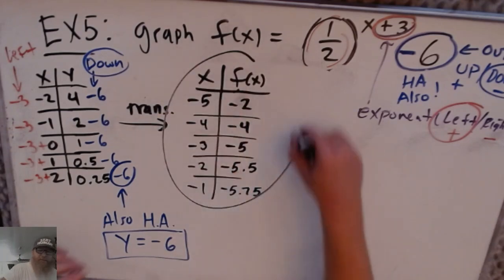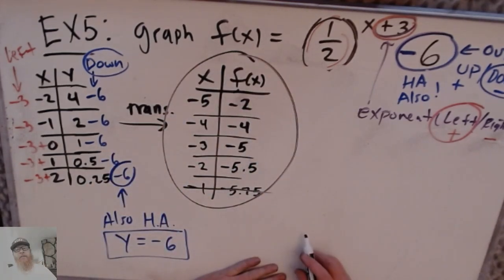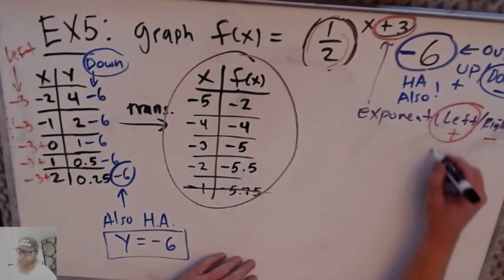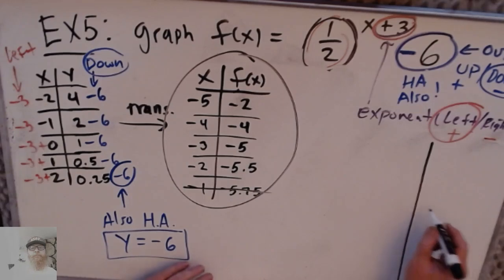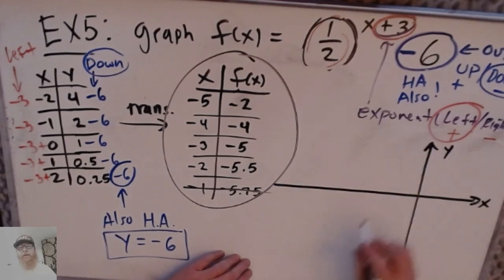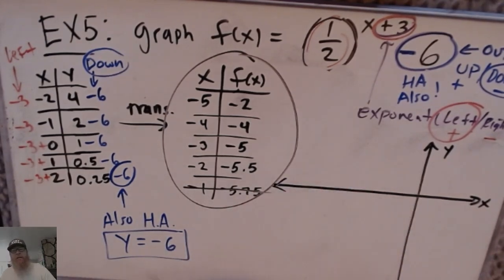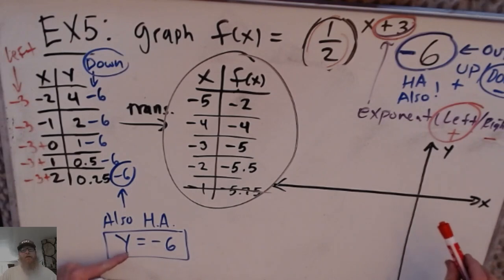All right, so this is what we're graphing. I probably won't graph 5.75. So x and y axis, most of the graph is going to be down here. I should put my asymptote first.